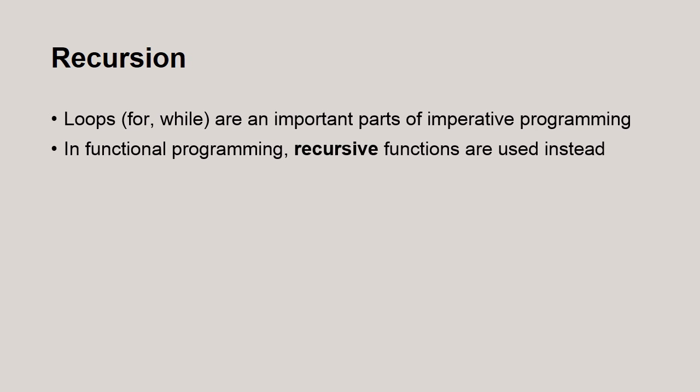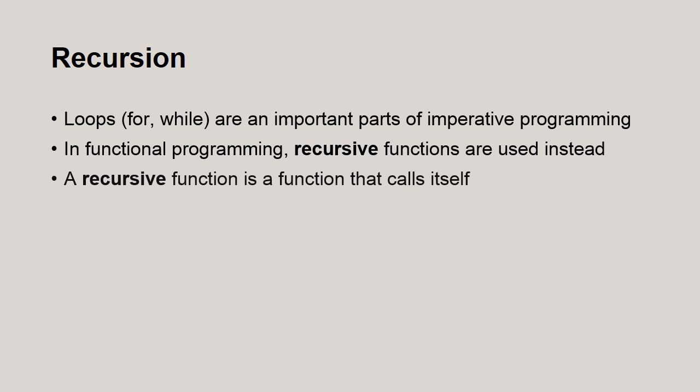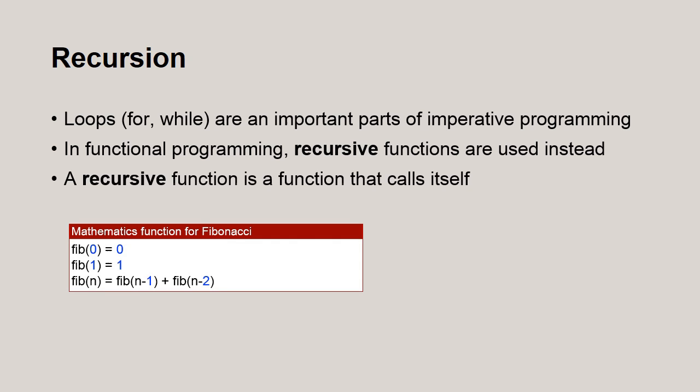A recursive function calls itself within its definition. The most famous of these is the function used to calculate Fibonacci sequences. To calculate a Fibonacci number, you add the Fibonacci number of the input minus 1 to the Fibonacci number of the input minus 2. The function is recursive because it calls itself from within its definition.